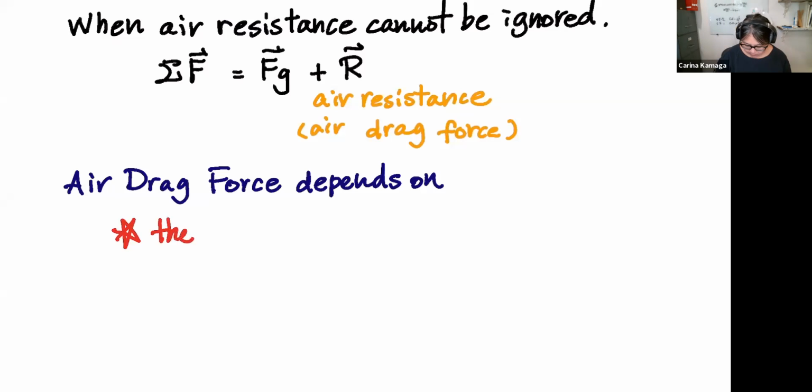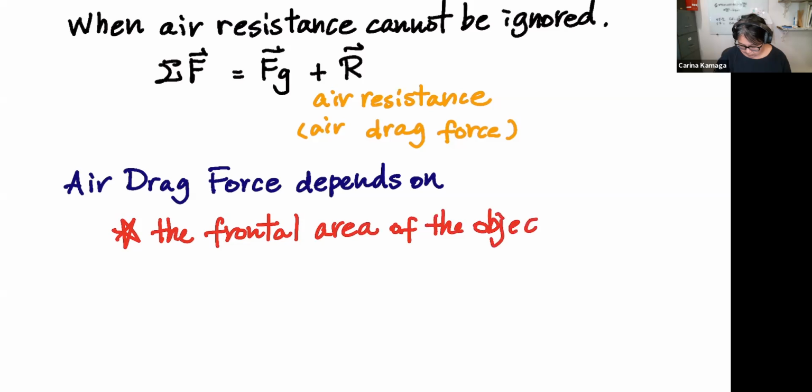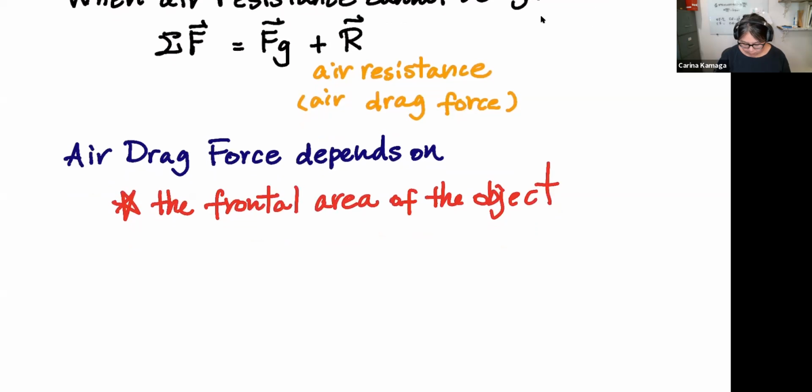Let's see. Take an object like a pen, a pen falling in this direction versus a pen falling in this direction.